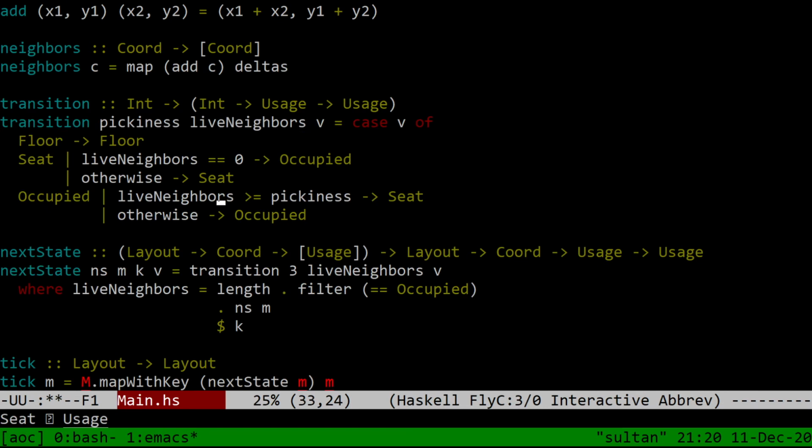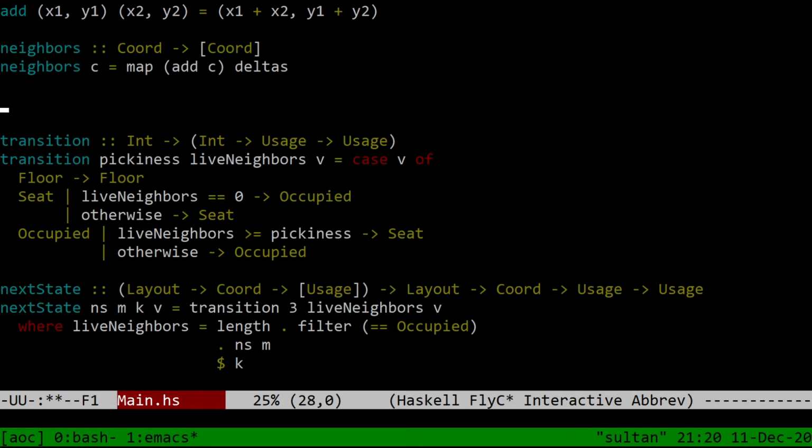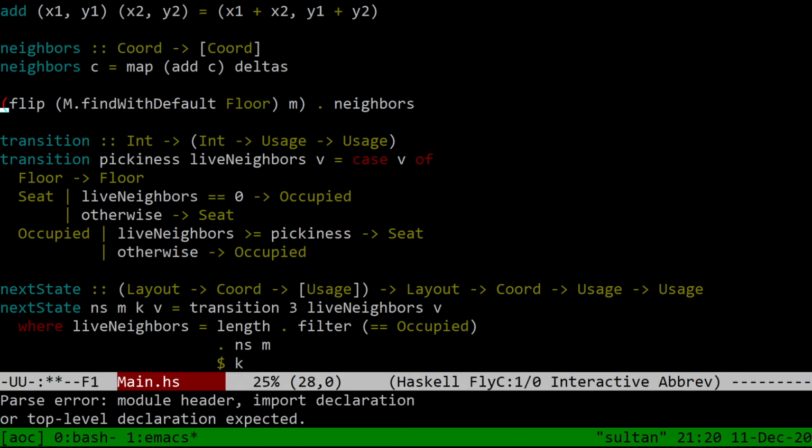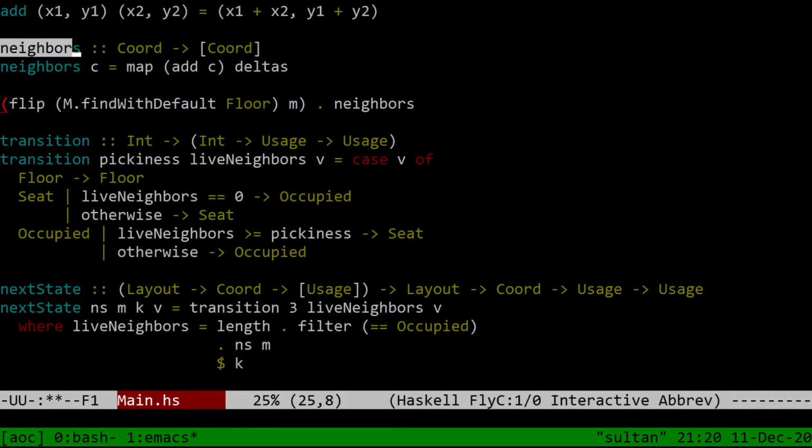And now we can extract what we had written here as a part one transition, as a part one neighbors. Yeah, it's a little weird because we have something called neighbors already.